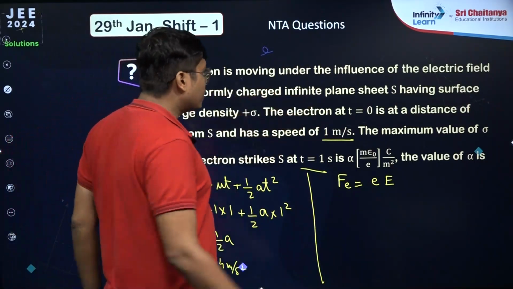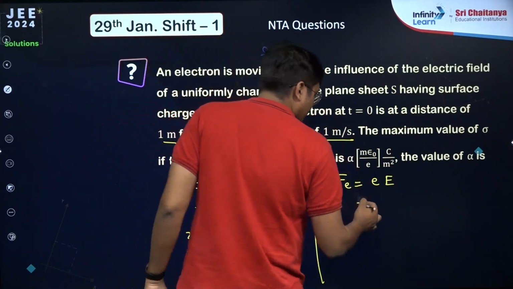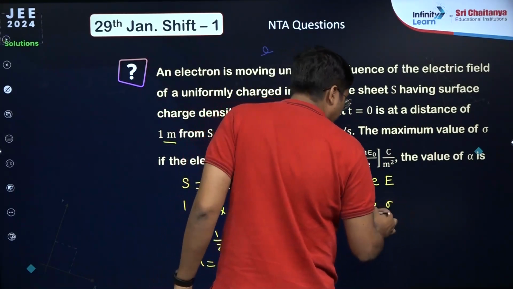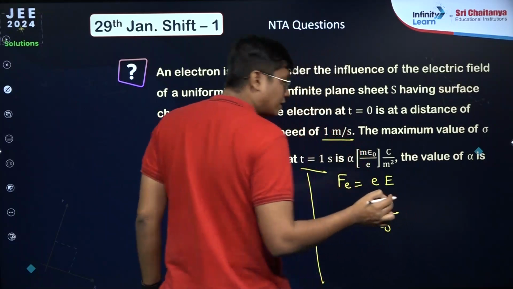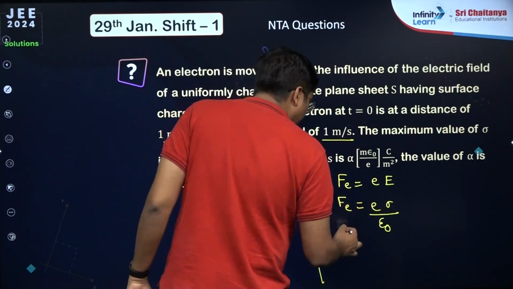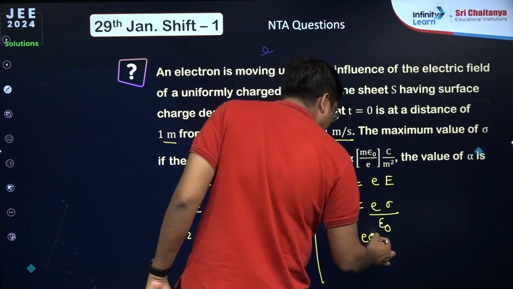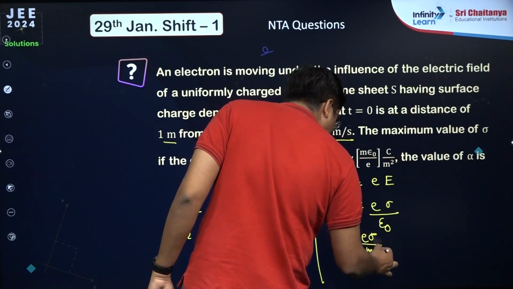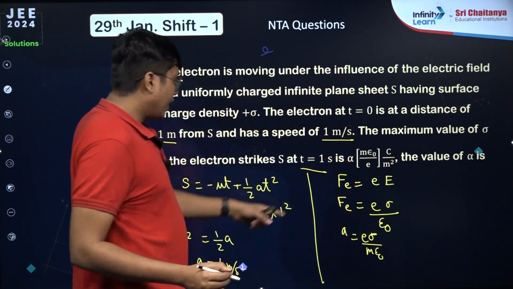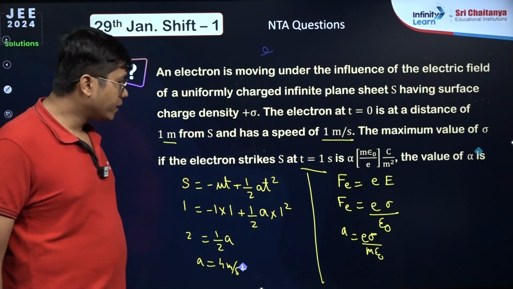So the electric field for that, if its surface charge density is given as sigma, then that is sigma by epsilon naught. That is the force, the electrostatic force. So the acceleration that it leads to is E sigma by m epsilon naught, force by mass, and that acceleration is 4 meters per second square.